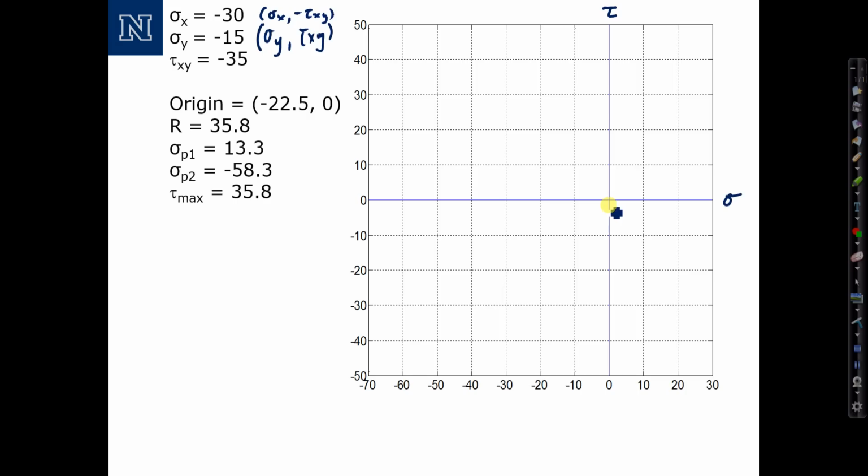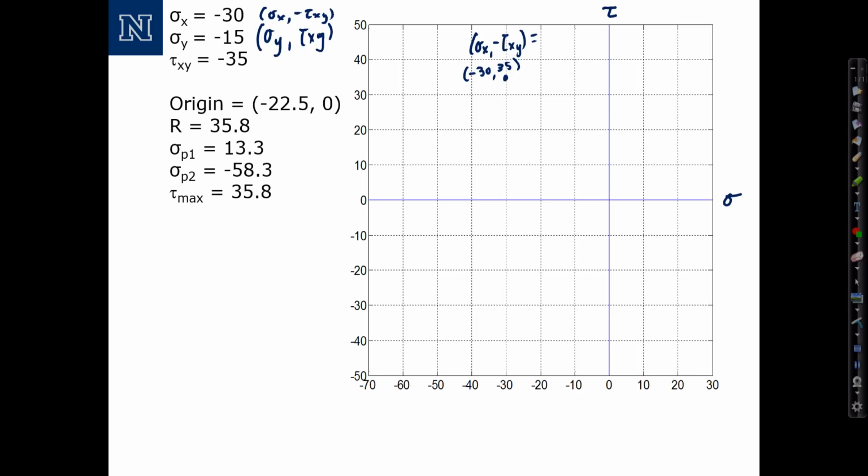So sigma x is negative 30, so I'm going to come over negative 30 on the sigma axis. Tau xy being negative 35, I'm going to plot the negative of that, so I'm going to come up 35. And there's my first point, sigma x, negative tau xy, which equals negative 30, 35.